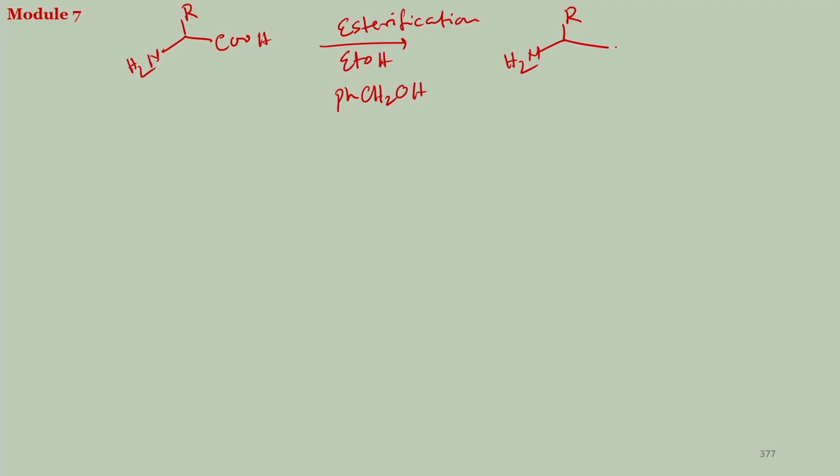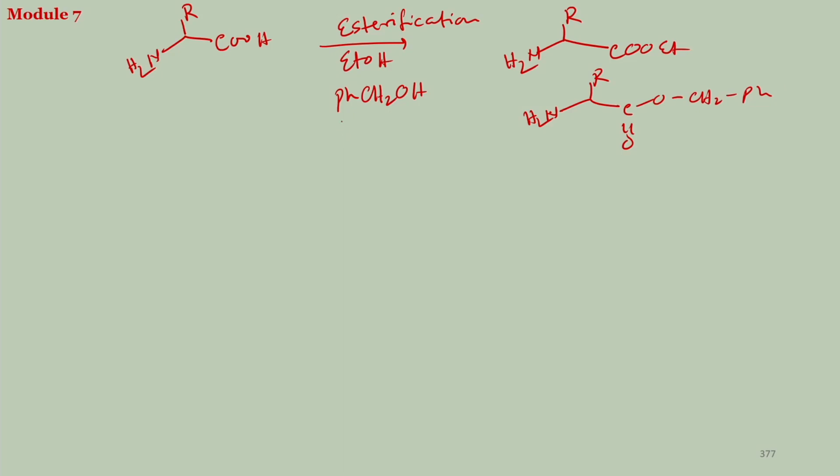That will give you CO2Et, or if you use this, this will give you NH2-CO-O-CH2-Ph, or sometimes also you can use the tertiary butoxide protection.